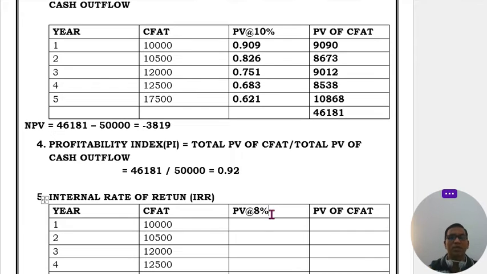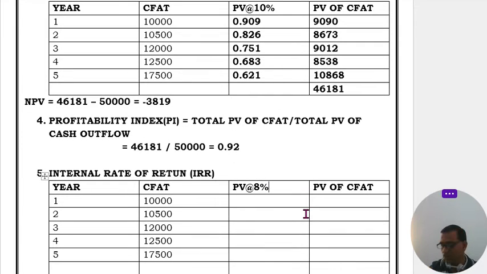PV at the rate of 8%. Let me take the table values at 8%.